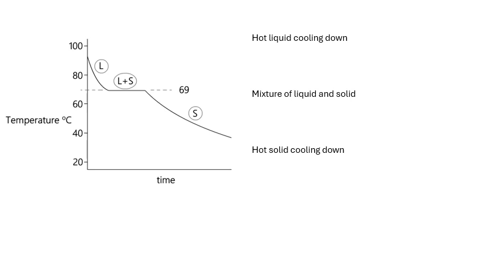And what's happening is that we're still losing energy to the surroundings, but bonds are forming. So the particles are joining together as it becomes a solid, and this is releasing energy, and that energy is being given off to the surroundings. Then after that, when it's all a solid, it just cools down again, a hot solid cooling down.